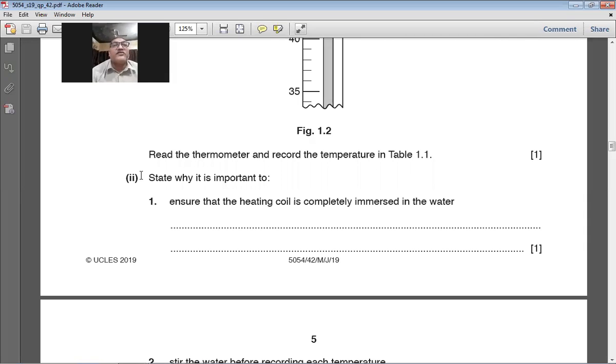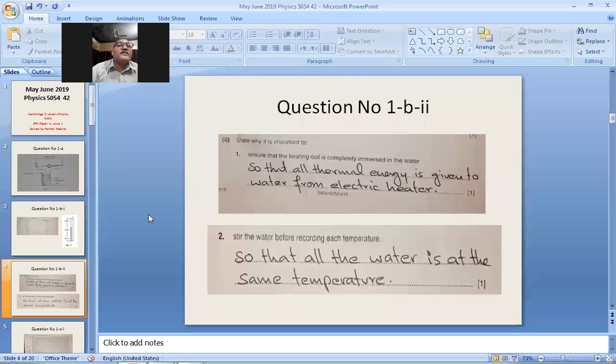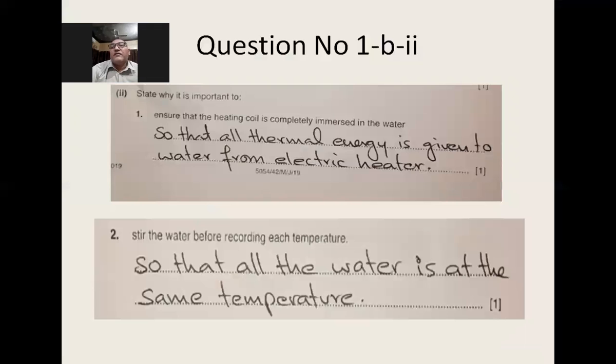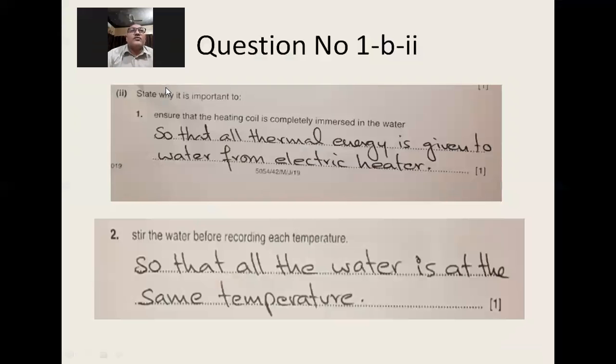So that's why it's very important. And let me show you my answer. So here we have: state why it is important to ensure that the heating coil is completely immersed in the water, so that all the thermal energy is given to the water from the electric heater.